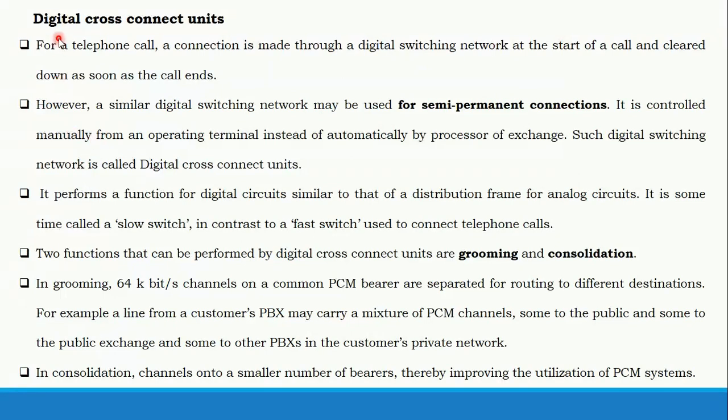For that you'll be having some special digital devices which will be called a digital cross connect unit. That means either manually operated, because in earlier days you had manually operated switches, but nowadays you'll be having automatically operated switches depending on the processor in the exchange. Such types are called digital cross connect units.